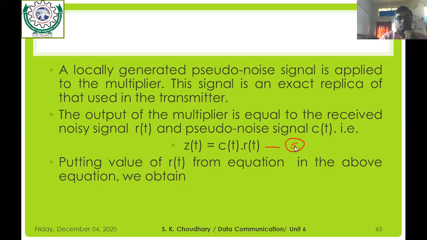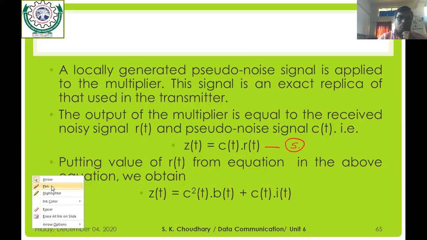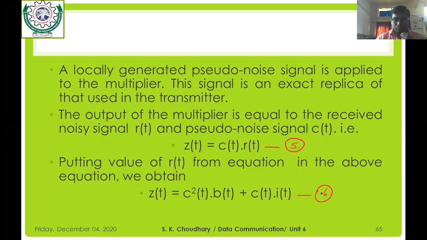When we put the value of r(t) into equation 5, we get the new value of z(t) in terms of c(t) and b(t). We substitute r(t), that is m(t) plus i(t), and m(t) is c(t) into b(t), to generate equation number 6.